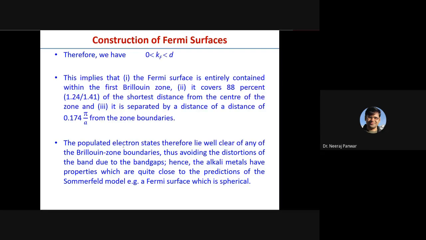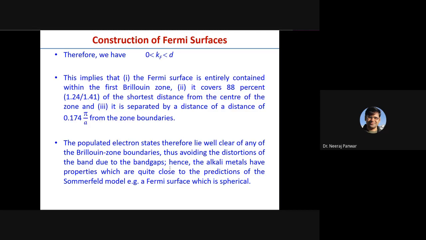The populated electron states therefore lie well clear of any Brillouin zone boundary, thus avoiding the distortions of the band due to the band gaps. Hence, the alkali metals, especially sodium, have properties which are quite close to the predictions of the Sommerfeld model, that is, the Fermi surface is spherical in shape.